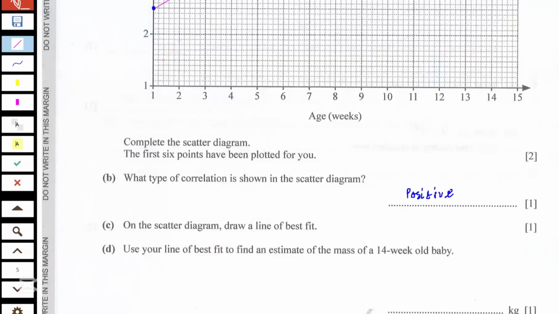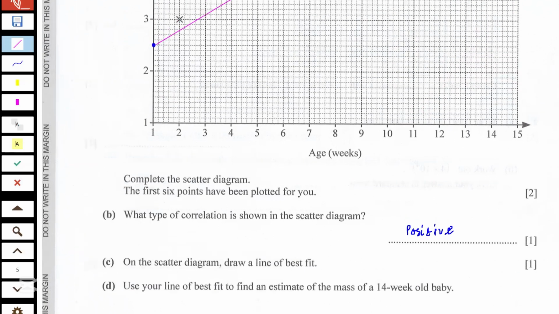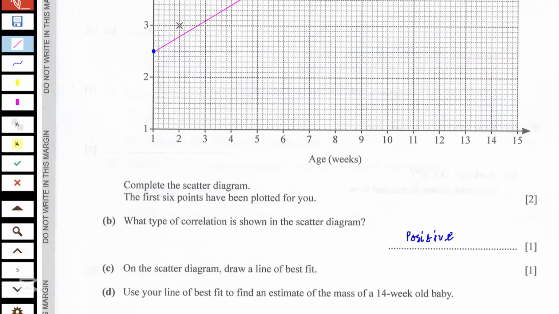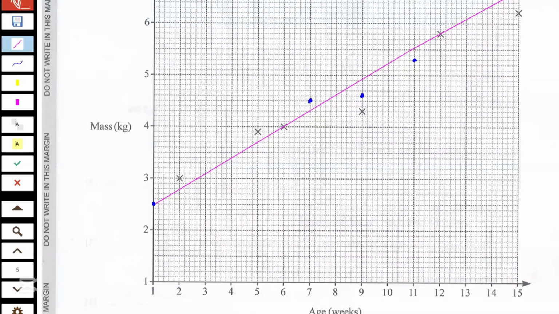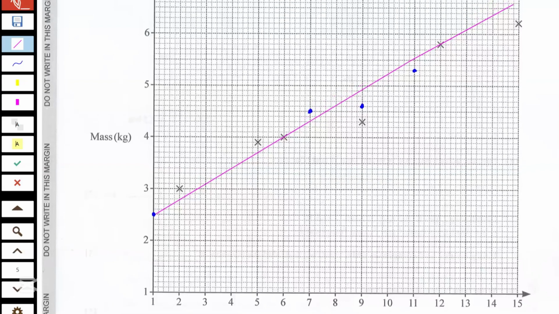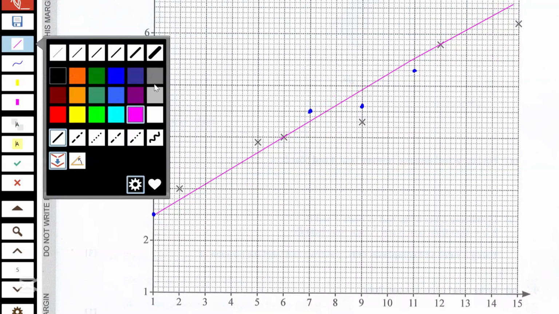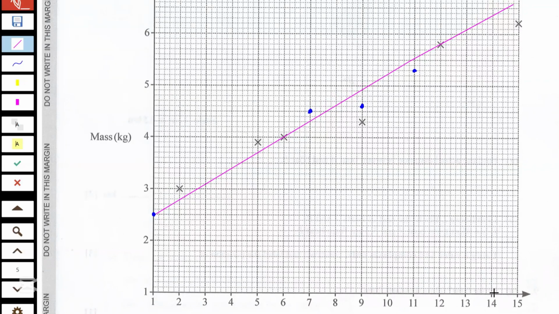Use your line of the best fit to find an estimate of the mass of a 14-week-old baby. Now the age is 14 weeks old, and we have to go to the x-axis and identify 14 weeks. This is 14 weeks. So I'm going to connect 14 weeks on the x-axis to the line of best fit.